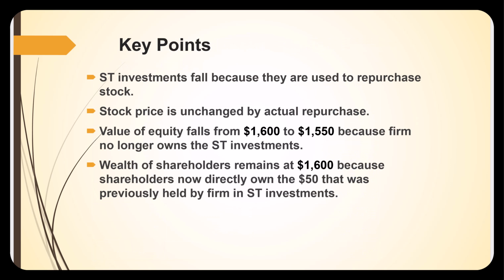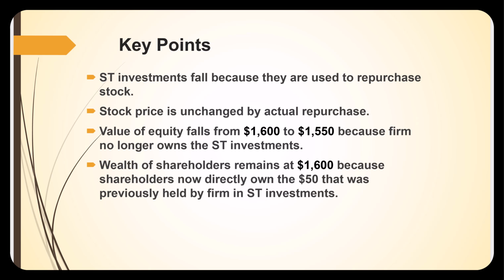So what are the key points about a stock repurchase? We're going to use some kind of short-term investment or cash to buy this back. So obviously that's going to decrease. The stock price itself is going to be unchanged. And in this case, the equity went from 16 to 1550, but now there's fewer shares, so that equates out to no change of stock price because of the actual distribution.